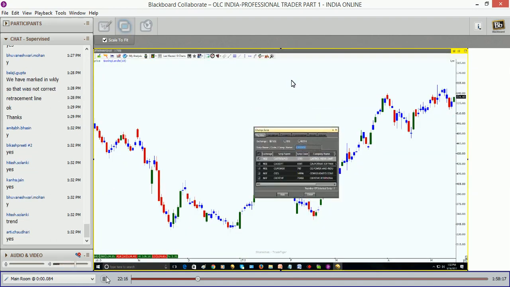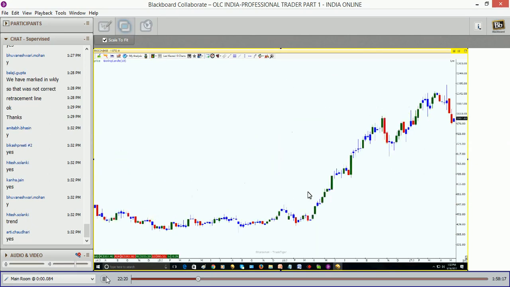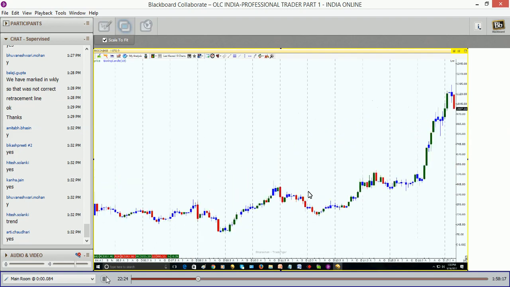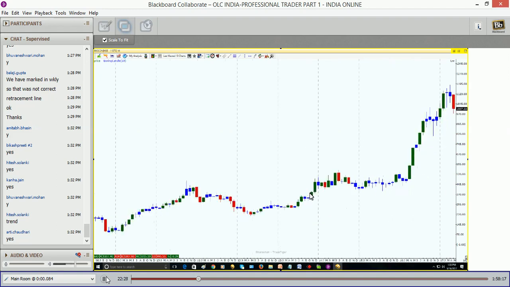For example, if I was to show you on what I mean by this. Okay, now let's say I'm planning a monthly income trade in Biocon. No prizes for guessing. You would agree that this is your closest demand zone.